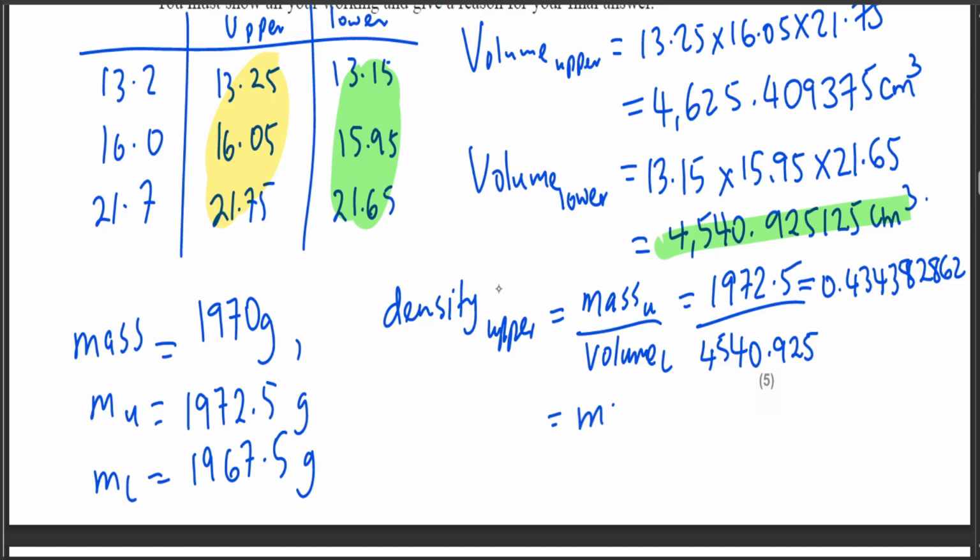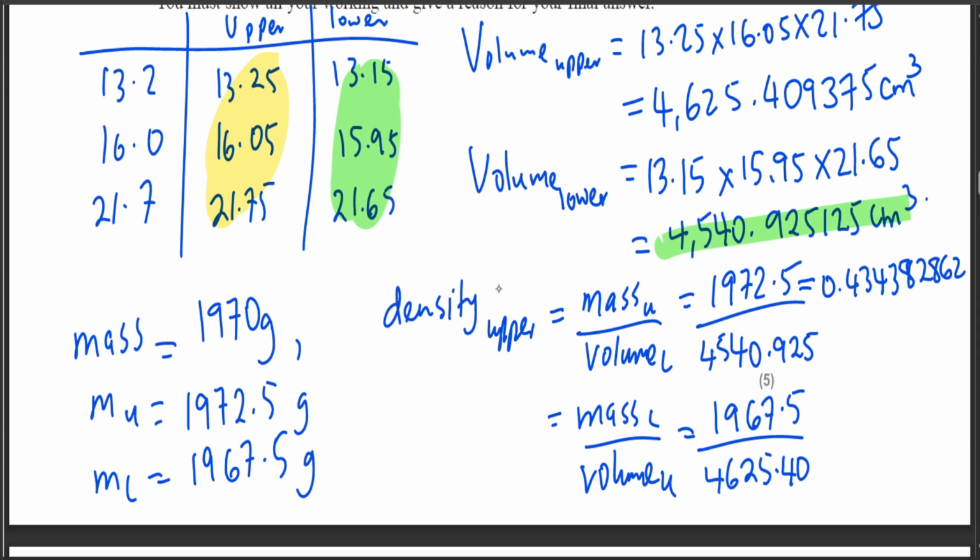So mass lower over volume upper, you take the mass which is lower, 1967.5 divided by 4625.409, maybe.